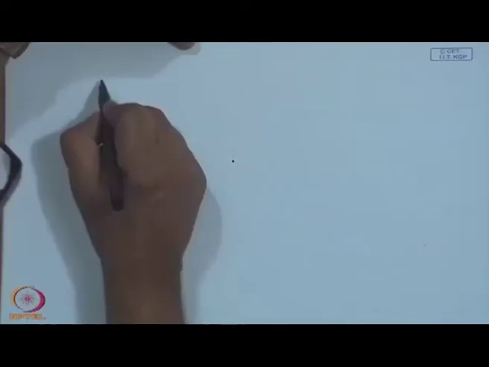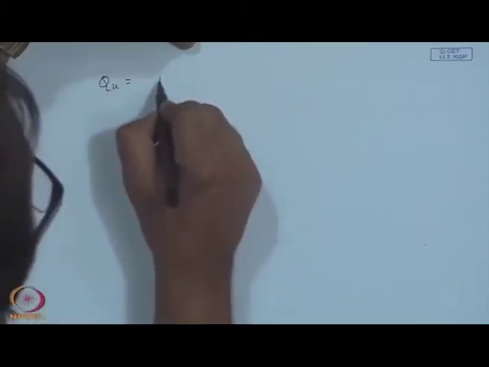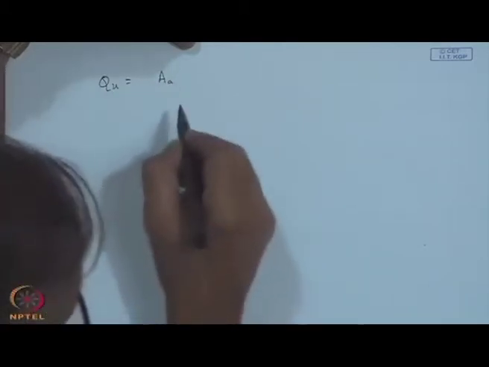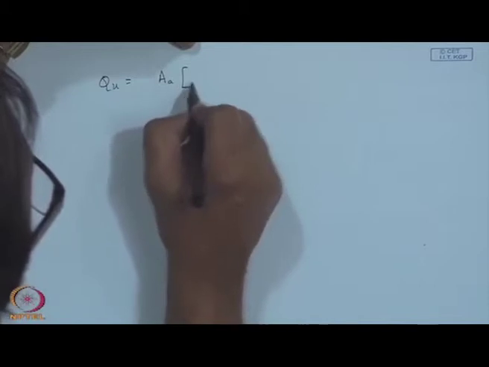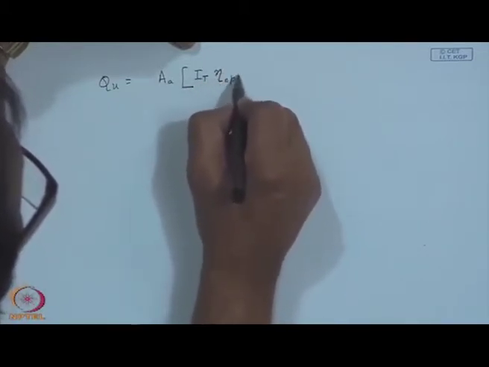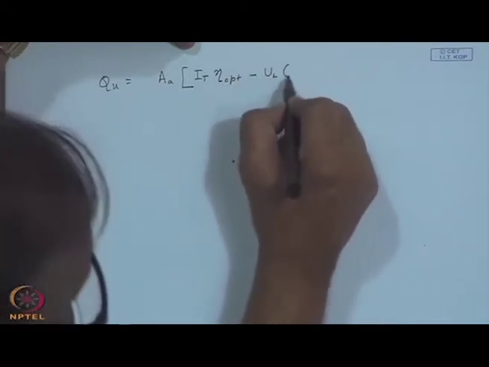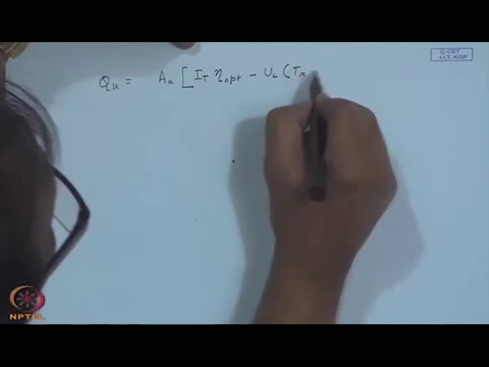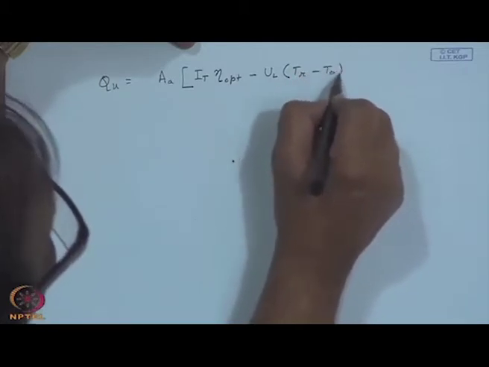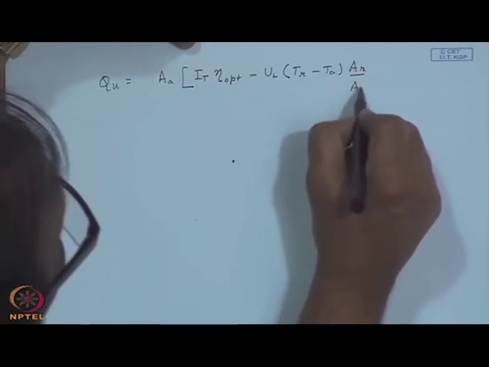So, now if we try to write it in the standard form, I can write it as AA times IT eta optical minus UL times TR minus TA times AR upon AA.